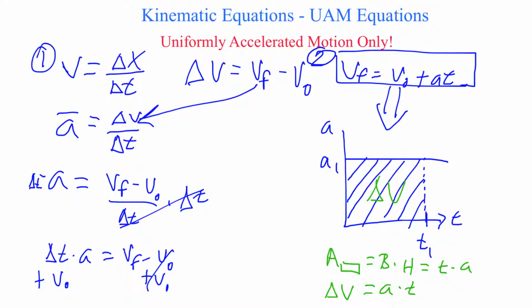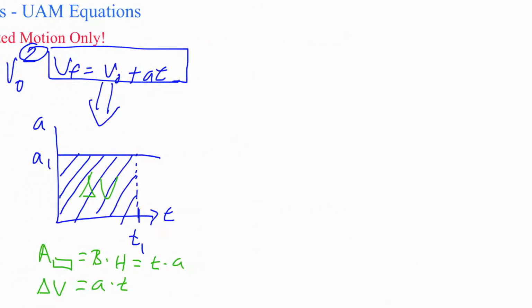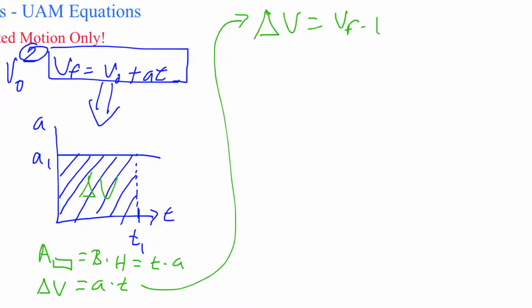Okay, well, we know that delta means change, so delta V is equal to the final minus the initial. So let's put that in there. Final minus initial is equal to acceleration times time.